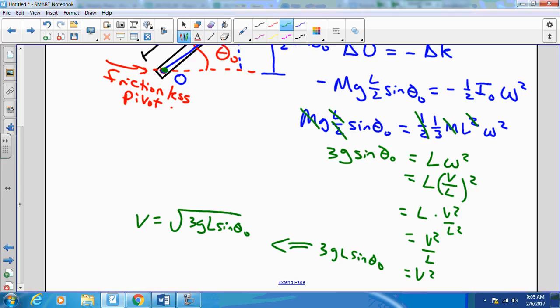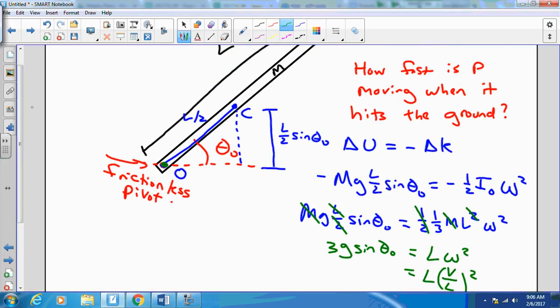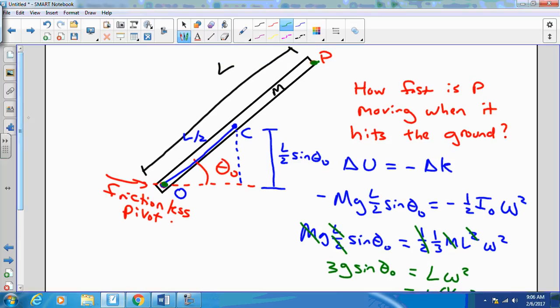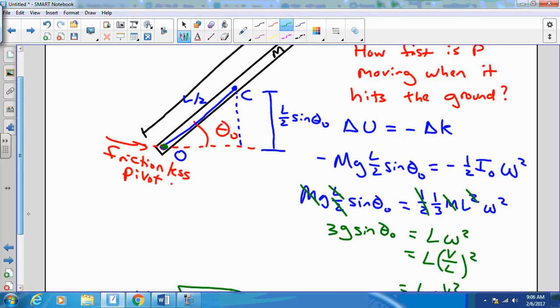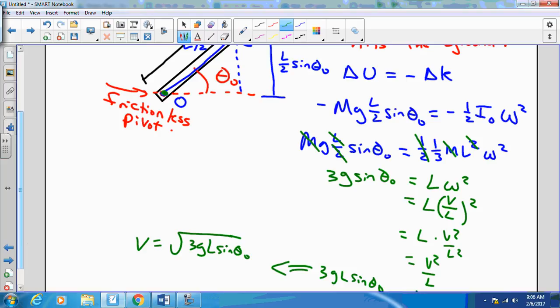Point P starts at L sine theta, but because it is being dragged along by the entire rod, point P is actually moving faster, by a factor of 3 over 2. So not much faster, but somewhat faster than just an object would be in free fall. So that's the first thing I want to observe.